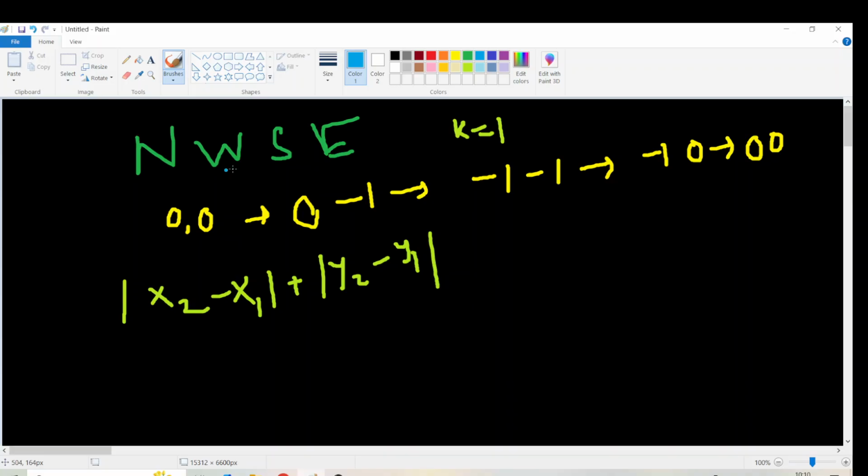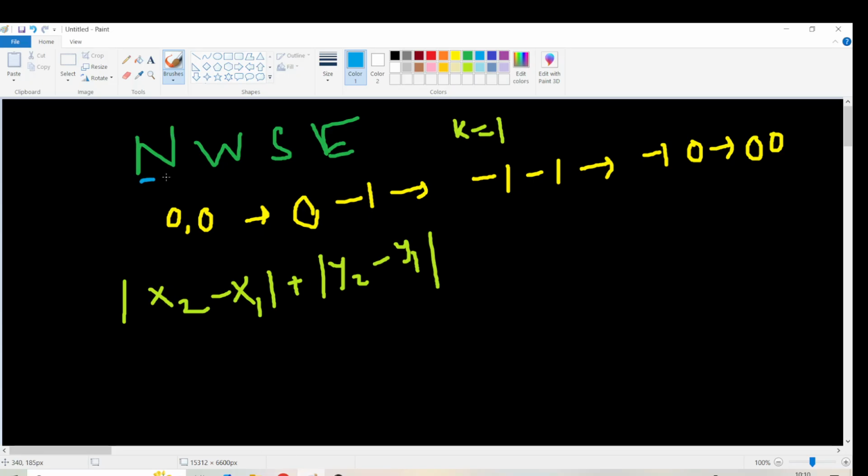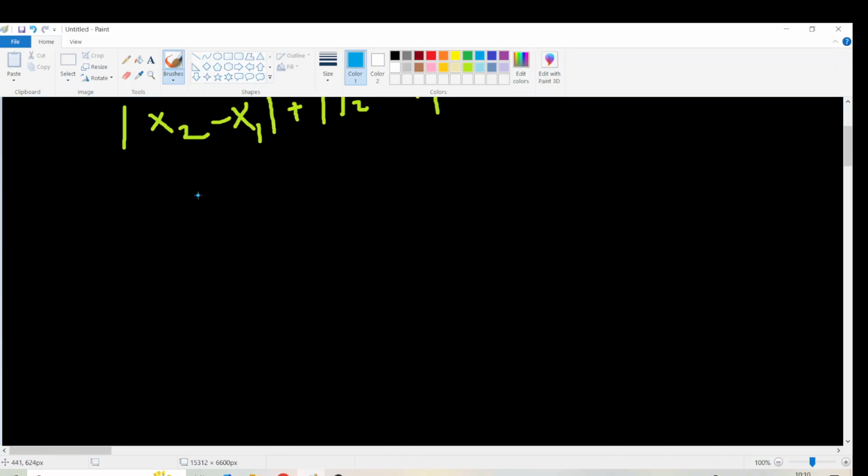So let's say we change the second character to, let's say, e. Okay, no, let's say we change the first character to s, so our string will be S W S E. Okay, now we are initially at 0, 0, and after going south we'll be at 0, 1.